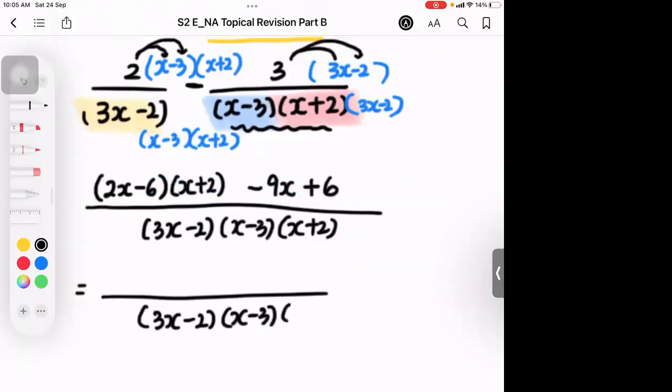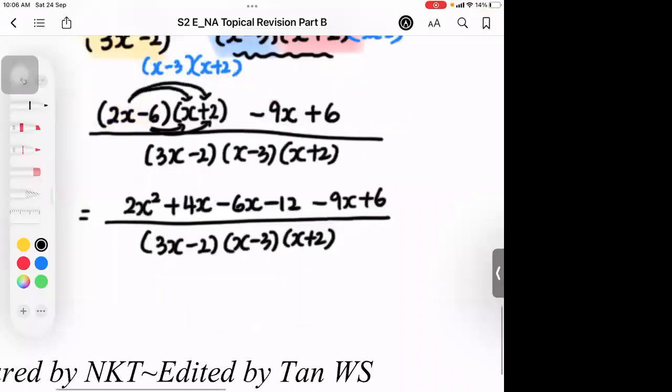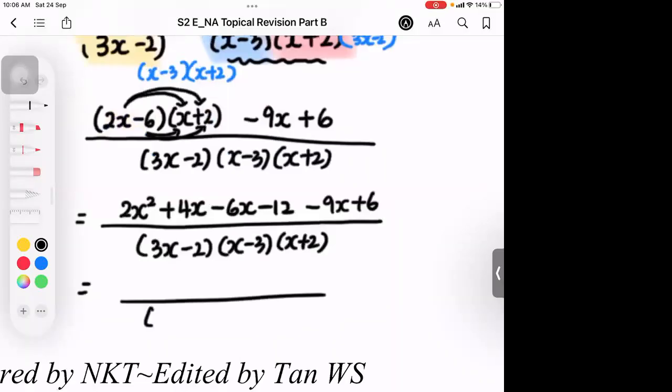Okay, x plus 2, so long. 2x times this, 2x squared, 2x times 2 plus 4x, minus 6x minus 12. Then still got your negative 9x plus 6. Okay, I know it's very long, bear with me a little bit.